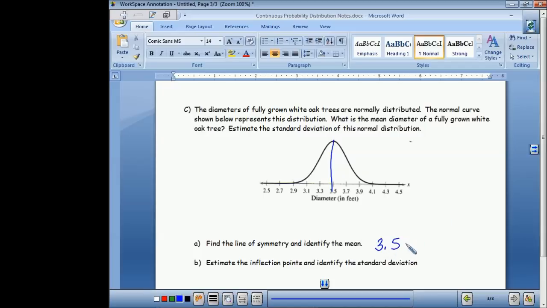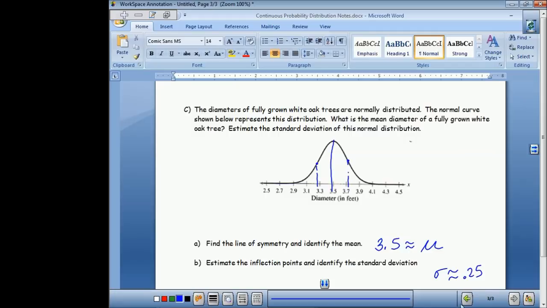That's where I would approximate the mean to be. And the standard deviation, let's see. We want to show where that change from curving down to curving up happens, maybe around there, maybe around here. So you could say the standard deviation was approximately 0.25 feet. And that's how we would approximate those.